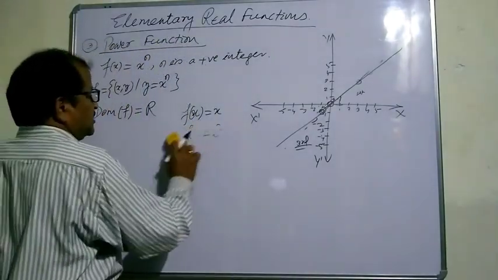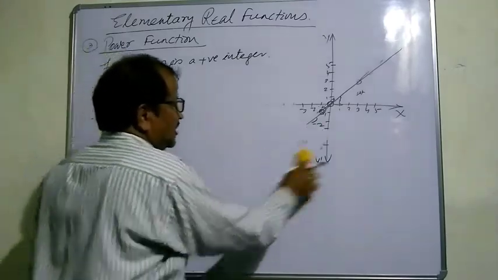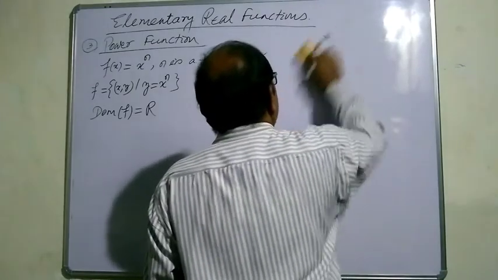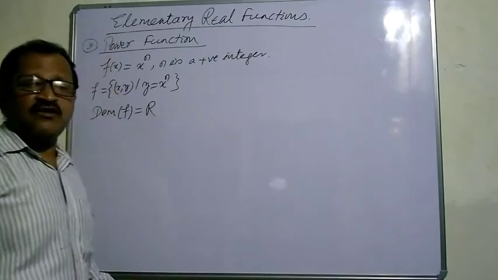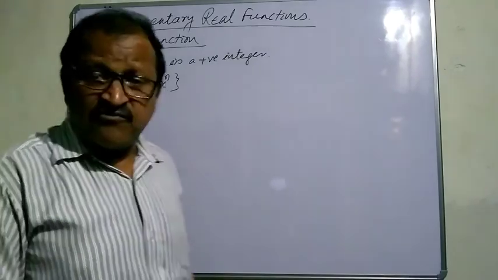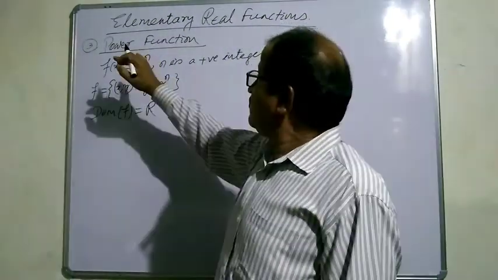So the range always depends upon n. Anyway, we only have to find out the domain here. So the domain of the function is the whole set of real numbers. And similarly, its graph also depends upon the value of n.